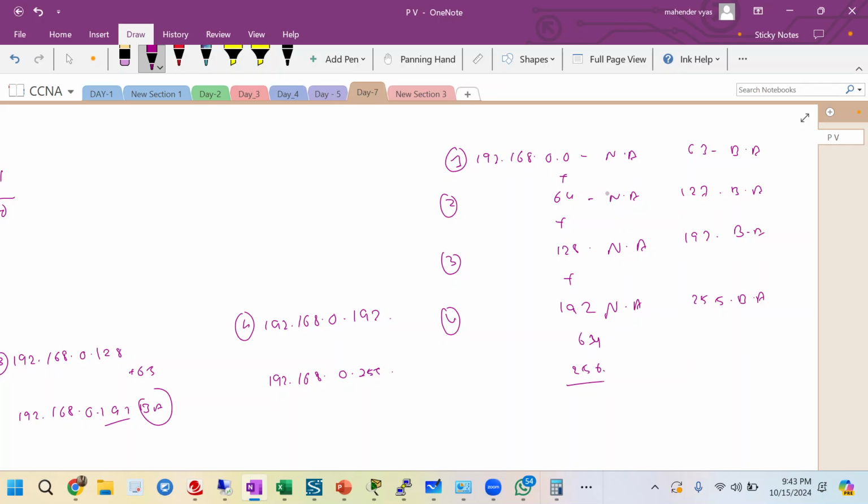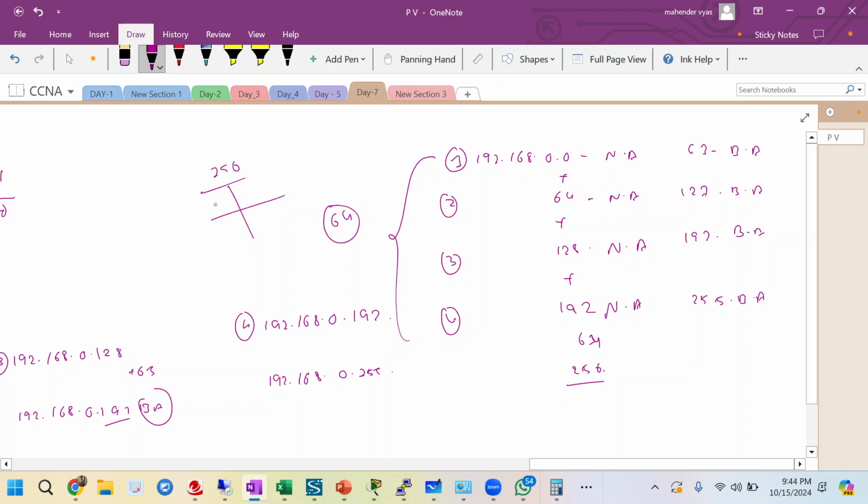When you see all these addresses, every one has 64 addresses. Why did we get 64? Because we have divided one group into equal parts, 64, 64, 64, 64. Correct? Is it clear?